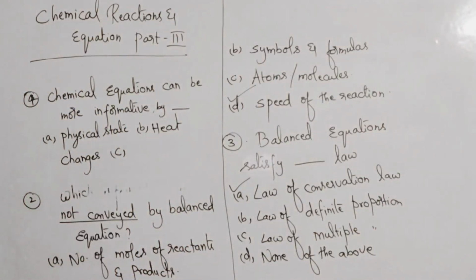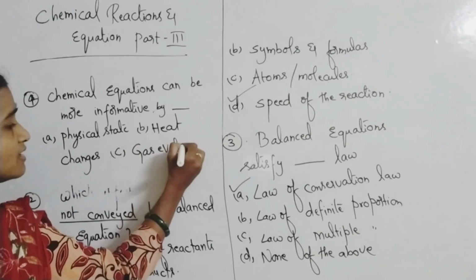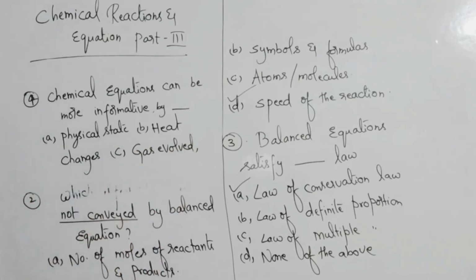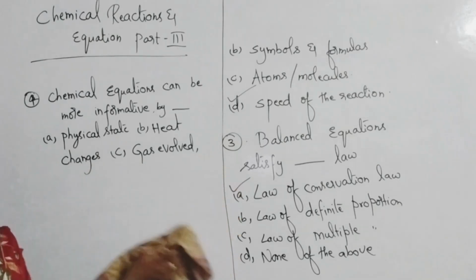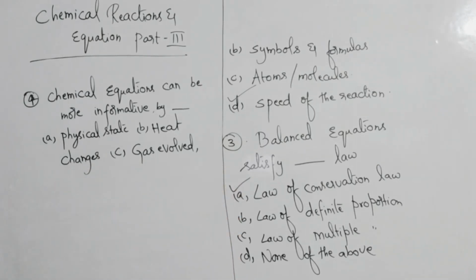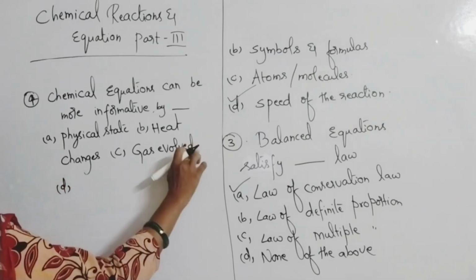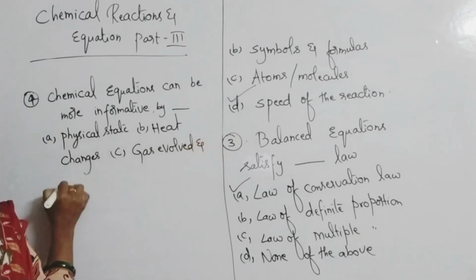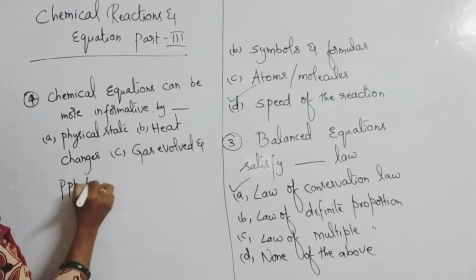And the third option is what is given? Gas evolved and precipitate formed. Yes, for gas evolved we are using an upward arrow, and for precipitate we are using what? A downward arrow. So that also makes the chemical equation more informative. Gas evolved and precipitate I am writing in short as PPT, precipitate formed.